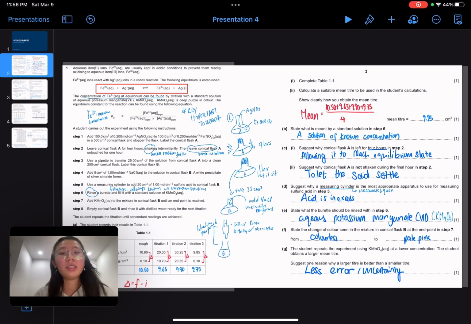You don't expect someone to ask you why you left something for 4 hours. It does make sense, it's for equilibrium purposes, but when you're first approaching the question, the thought doesn't cross your head. Overall, it's not too bad, and it's a fairly decent paper.